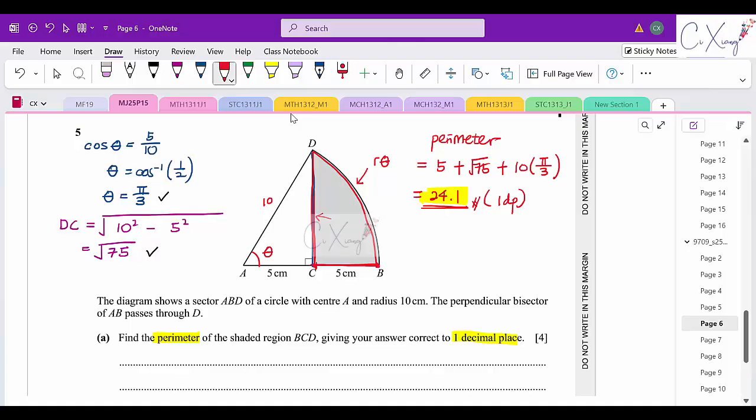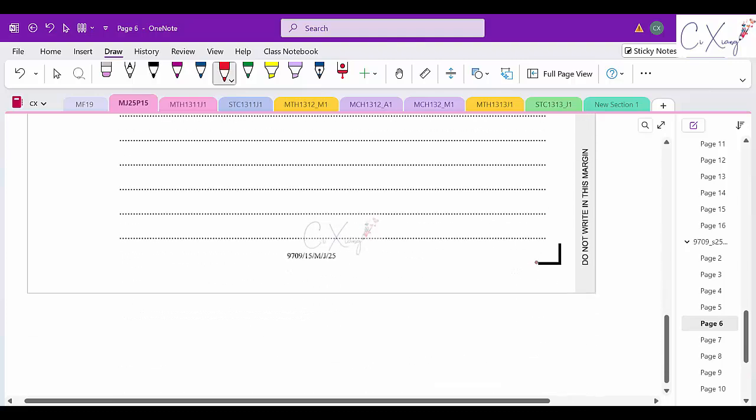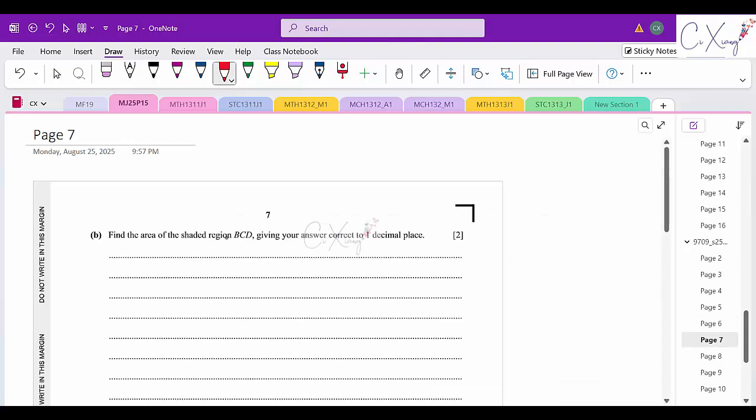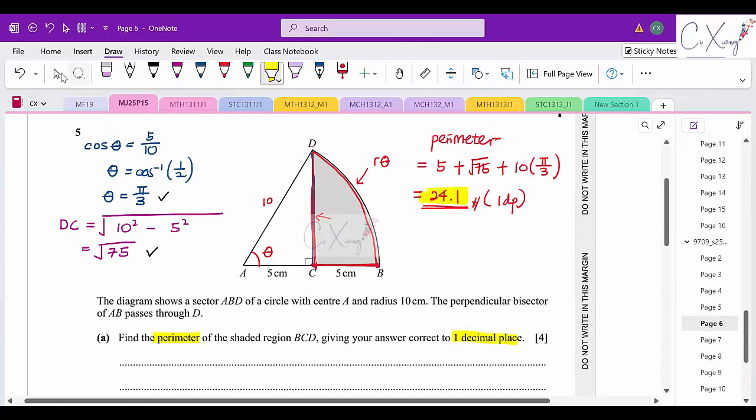Okay, and this is what we have for part A. Let's continue to part B. For part B, what do they want us to find? They want us to find the area of the shaded region, with the answer to 1 decimal place as well. Let's look at our question and the diagram again, which may make it easier to solve.